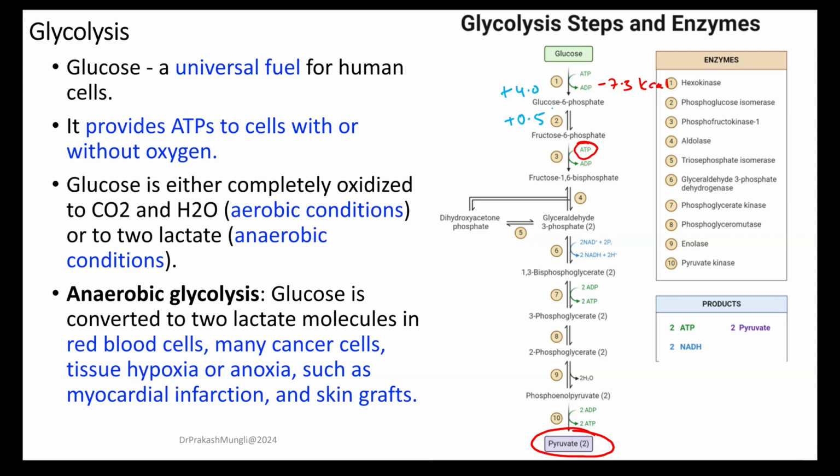And then fructose 6-phosphate into fructose 1,6-bisphosphate. Let's consider this reaction needs energy of plus 6.0 or something. Just random numbers I'm writing. These are not accurate, but minus 7.3 kilocalories per ATP is accurate.